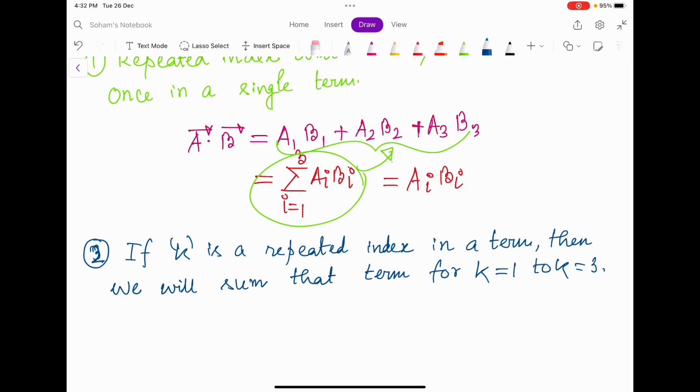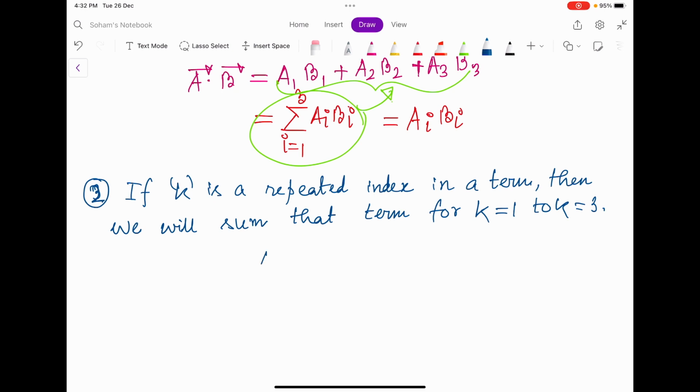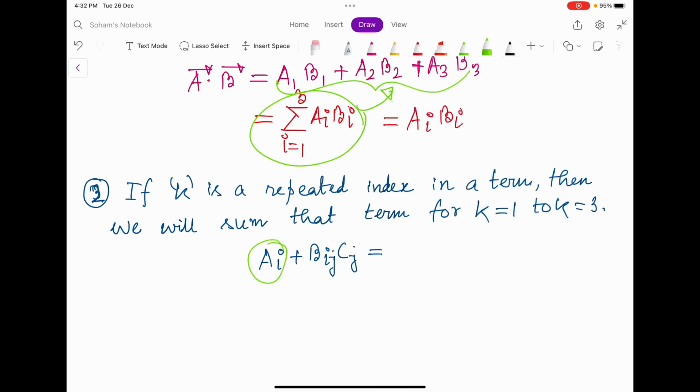Now again I am writing the same expression, ai plus bij cj. So this is ai, this is a vector, and i can take any value, right? So that is the significance of a free index.